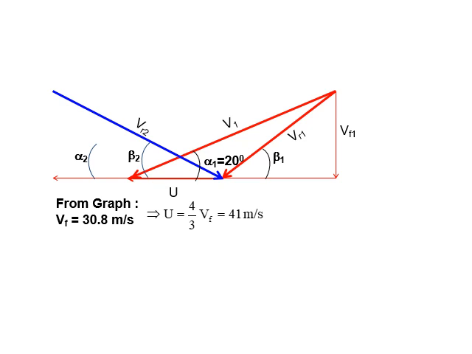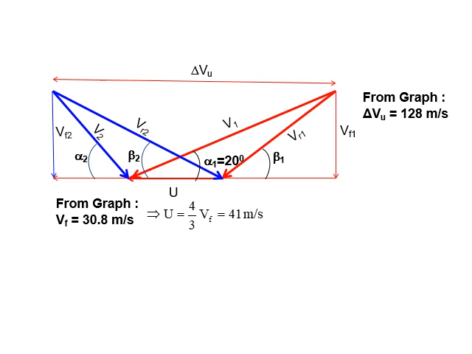Then draw the alpha 2 angle, then V2, then the Vf2 line. Finally measure the total length of delta Vu, that is Vu1 plus Vu2. From the graph, delta Vu is equal to 128 meter per second.